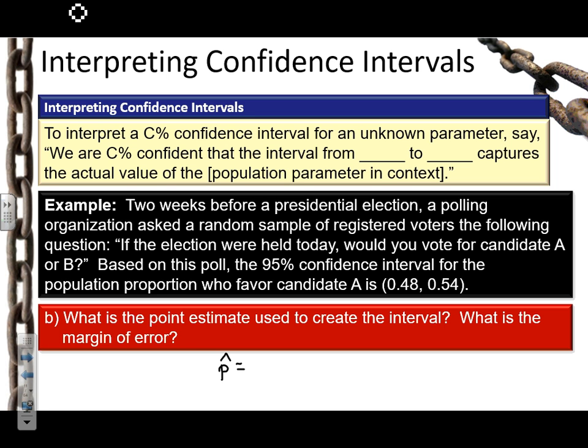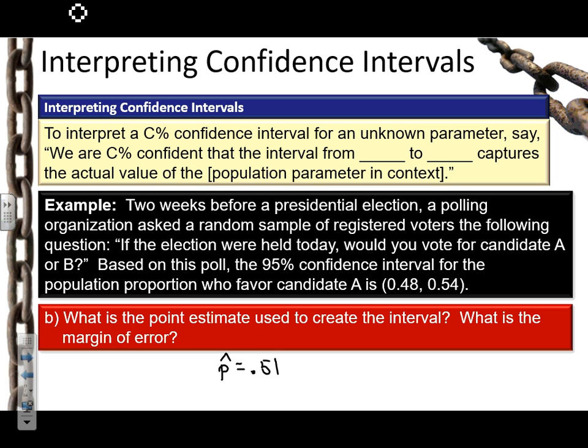So what's the actual value of my point estimator here? 0.51. And we got that because? Yeah, if we average the two, take 0.54 plus 0.48, divide by 2, that gives us our exact middle. Point estimate is always the exact middle of the interval.